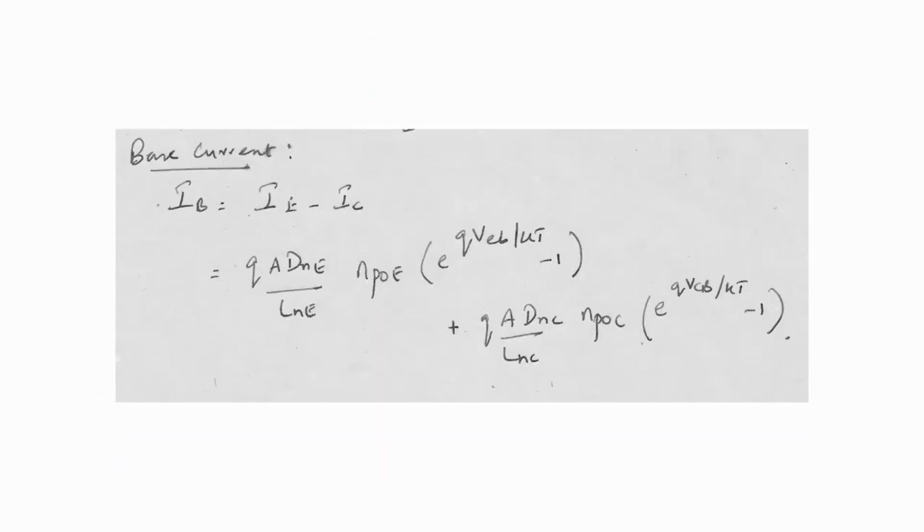So, finally, the base current. What is the base current? We will simply use Kirchhoff's law. We will say that there was a current from the emitter, there is some current in the collector, the remaining current is the base current. So, in case of the PNP, there was IE, there is some IB, and there is some IC.